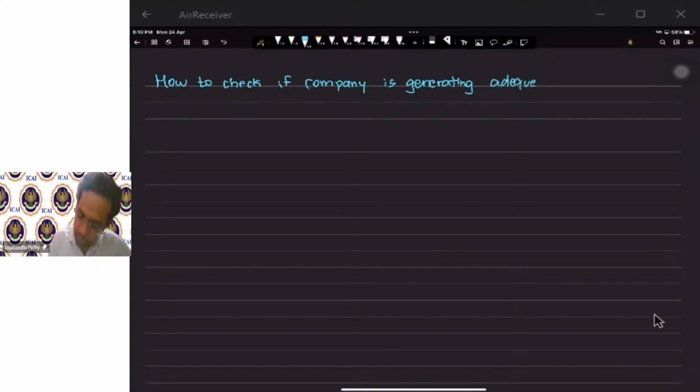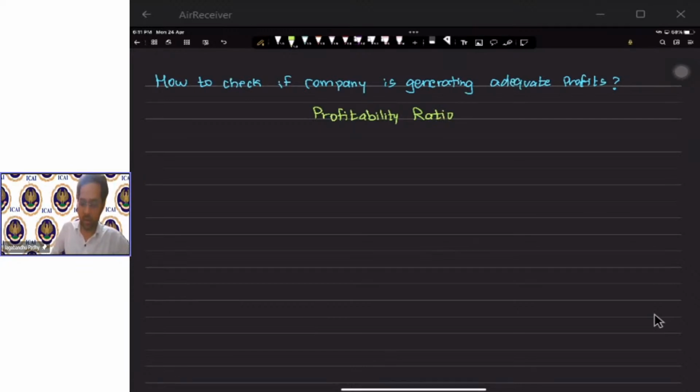So how are we going to check whether a company is really generating adequate profits? The answer is we need to calculate profitability ratio.